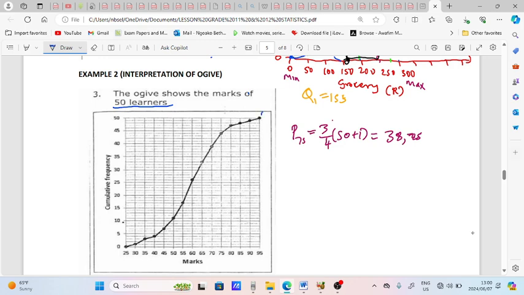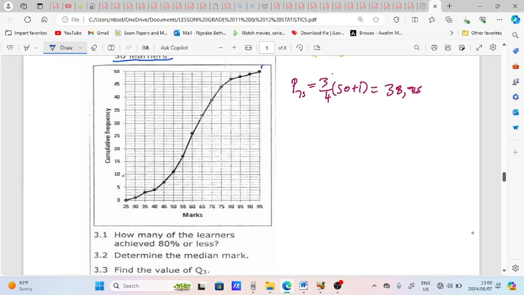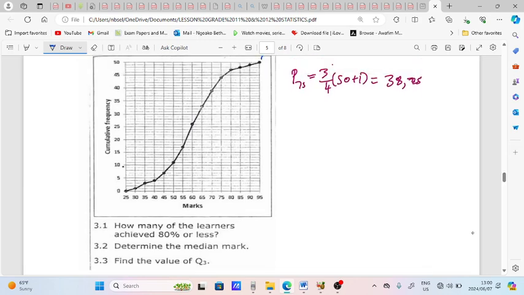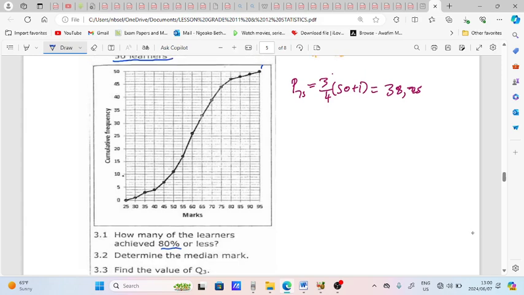Right, we have 50 learners. Let's see what's happening. They are saying how many of the learners achieved 80% or less. Before we come to that, how many learners are here? Where do we get that? This is the number of learners. But we don't get there. We get it from the graph, then we move this way, up until we touch here, the value here, that's what they are talking about.